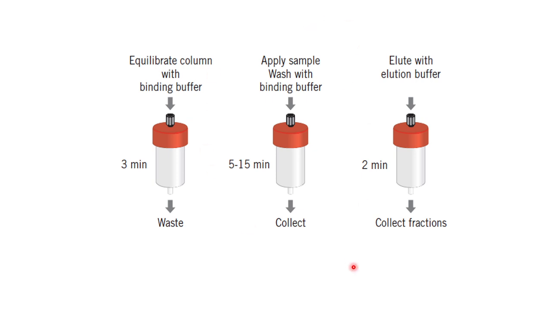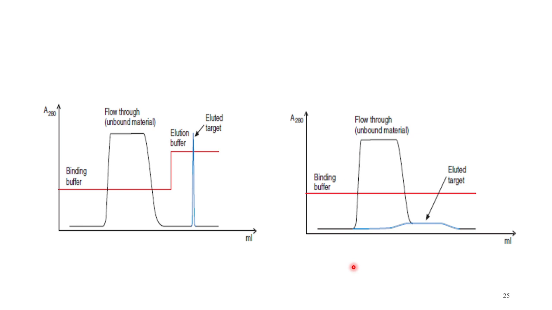You can see here there are different types of curves. In the first one you have the binding buffer, the equilibration state, the flow through, that's the unbound material, and then when you start your elution buffer, you get the eluted target.